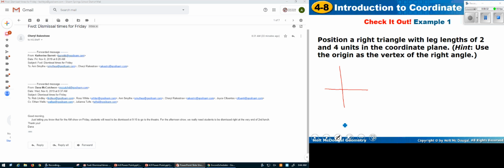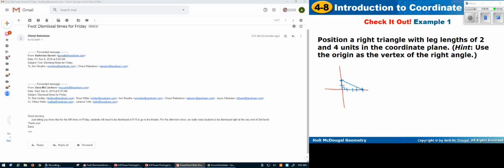So do you guys want to go up 2 or up 4? Okay, I heard up 2 first, so I'm going to go up 2. If we go up 2, what do we have to do to the right? 4 to the right. And then we're just going to create that right triangle that's made by those 2 legs and our hypotenuse.